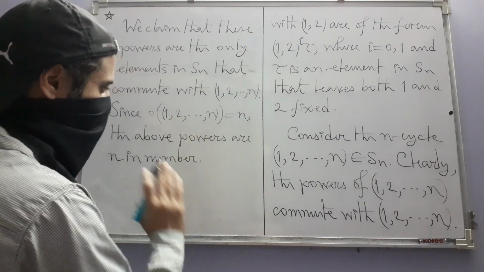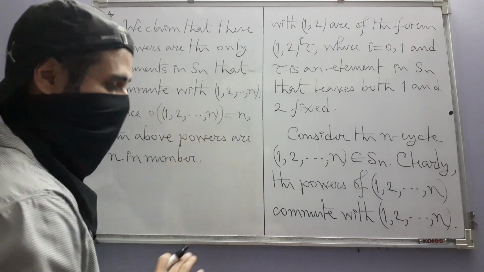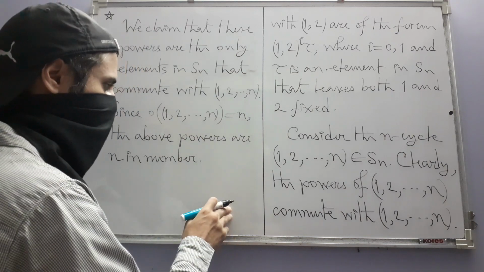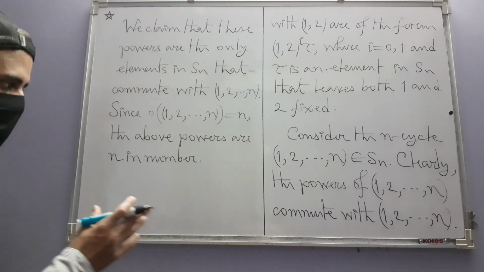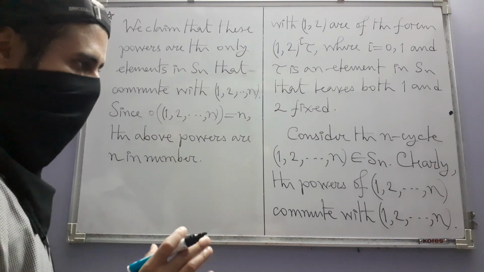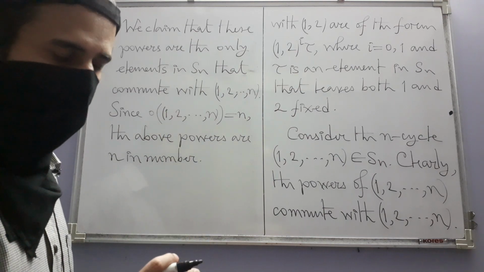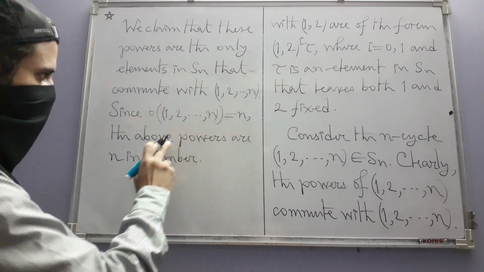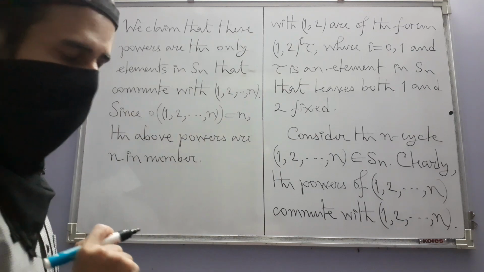But now let's see how many conjugates this n cycle has, and from that and from our counting principle we will be able to know precisely the number of elements in the normalizer of this n cycle, that is the number of elements that commute with the n cycle.